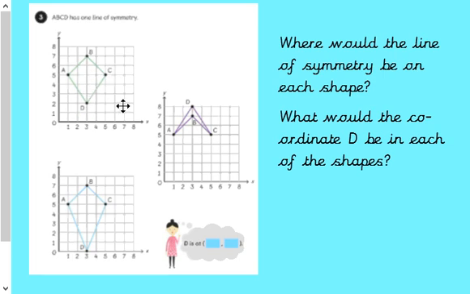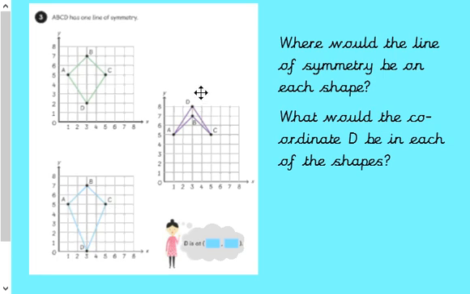Okay, we could stretch it out even further to make it an even bigger kite with a longer tail, and again that would be in this case 1, 2, 3 along the x-axis and 0, because it doesn't go up the y-axis at all. So you can see that that also would give you one line of symmetry down the middle.